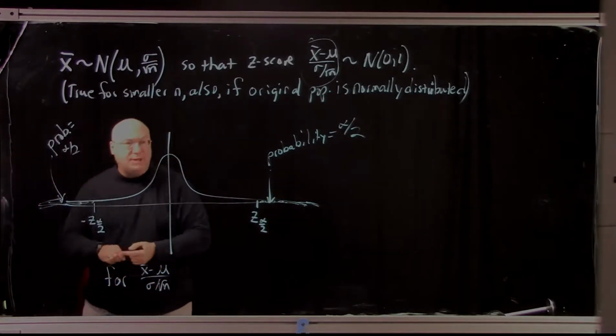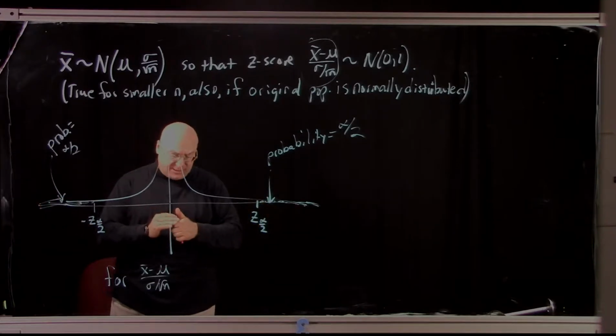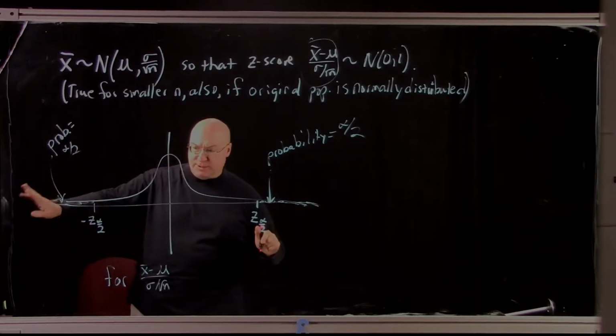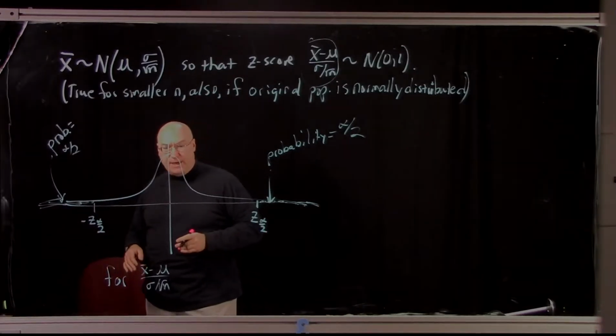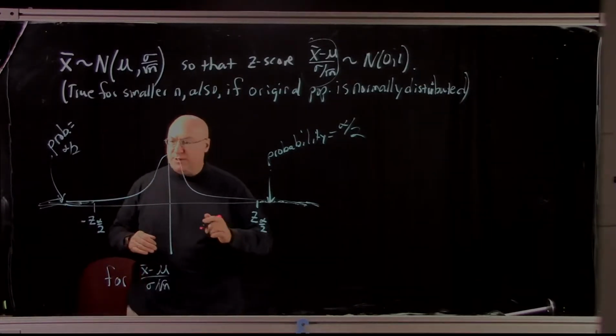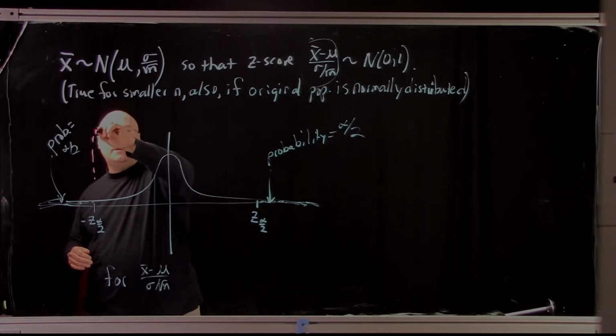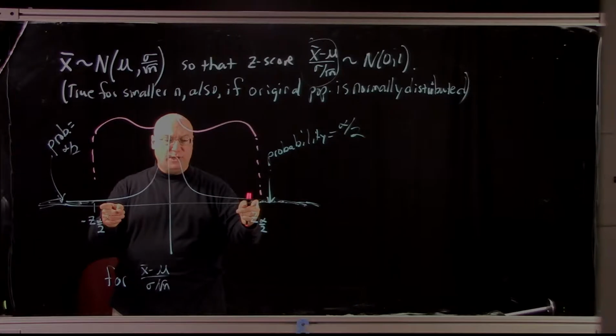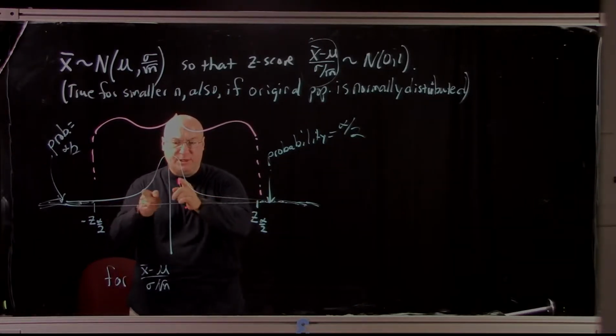Okay, but there's something that we have never really looked at in this class, not much, that we're going to now look at. We spend a lot of time looking at tail probabilities when we do hypothesis testing. But what we're going to do now is look at what's in between, this area in between here.